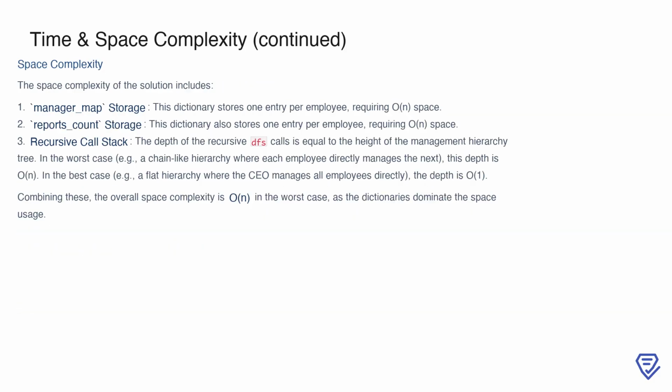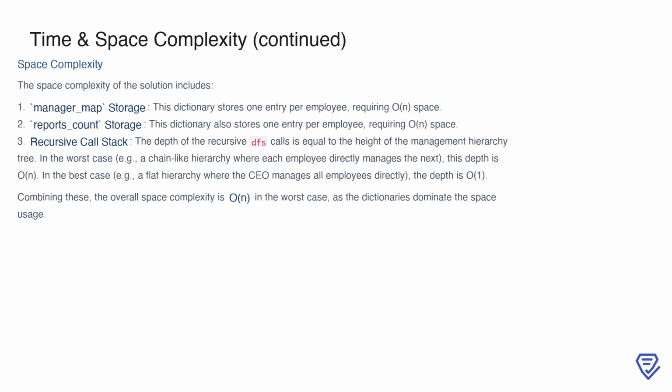The space complexity of the solution is determined by three main factors. First, the manager_map dictionary stores one entry for each employee. Since there are n employees, this requires O(n) space. Similarly, the reports_count dictionary also stores one entry per employee, contributing another O(n) space. The recursive call stack for the DFS function depends on the depth of the management hierarchy tree.